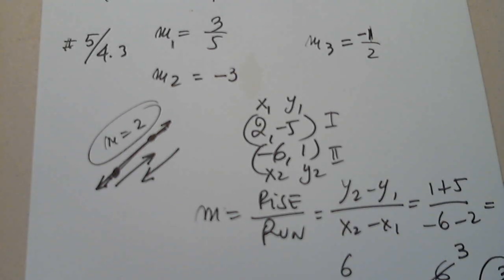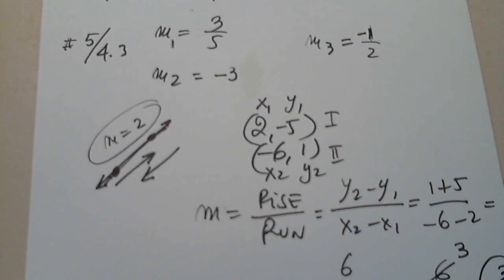Did they change the point? So it's 6 over -8. Oh, they want us to rewrite it. Okay, -5 minus 1. Okay, I see what they mean. It's the same thing.